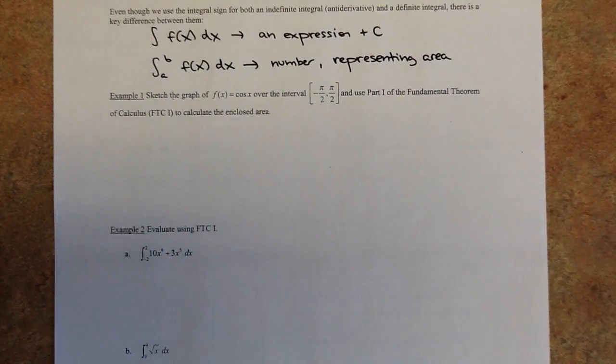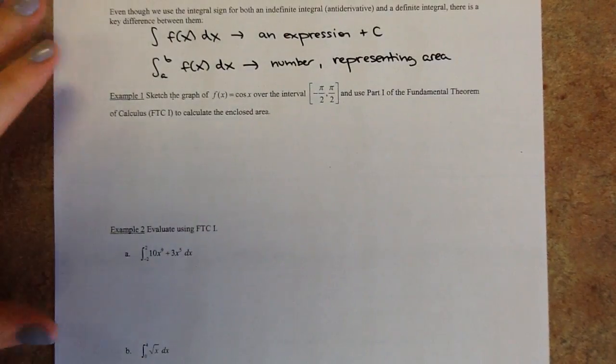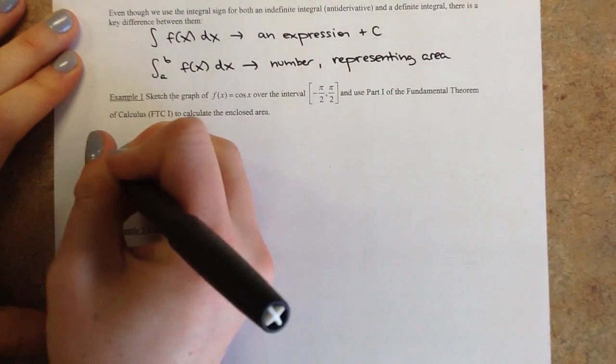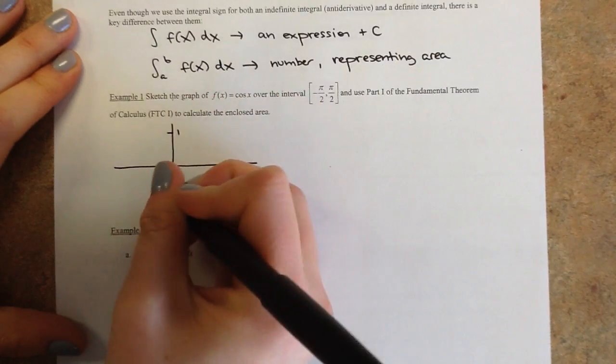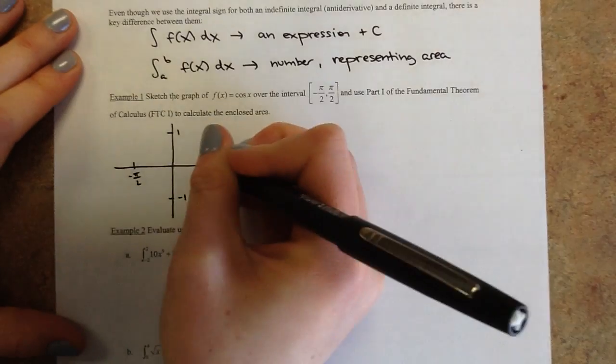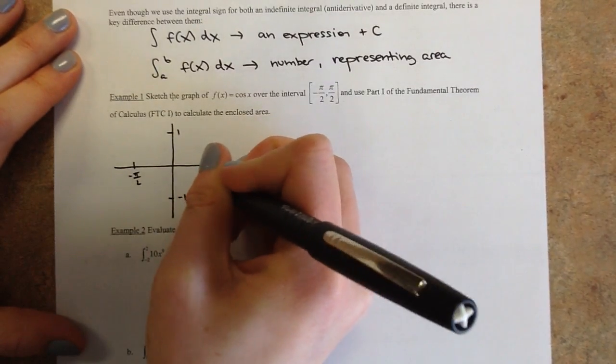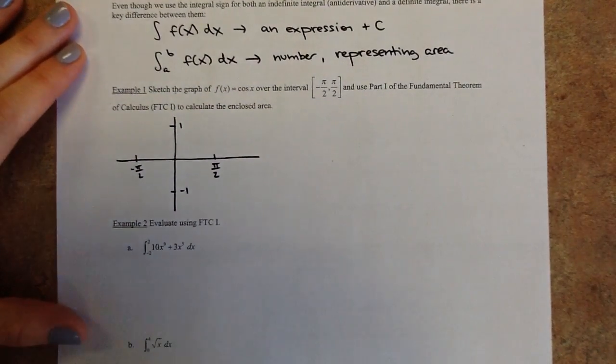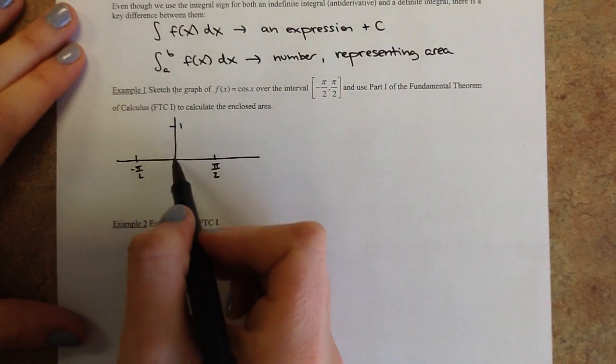Okay, so first example, we're going to sketch a graph of cosine from -pi/2 to +pi/2, and then use part 1 of the theorem to get the enclosed area. Okay, so nice setup here. We know cosine goes from 1 down to -1. Let's go -pi/2 to +pi/2, so just a little bit of the cosine function. Let's start with the cosine of 0.